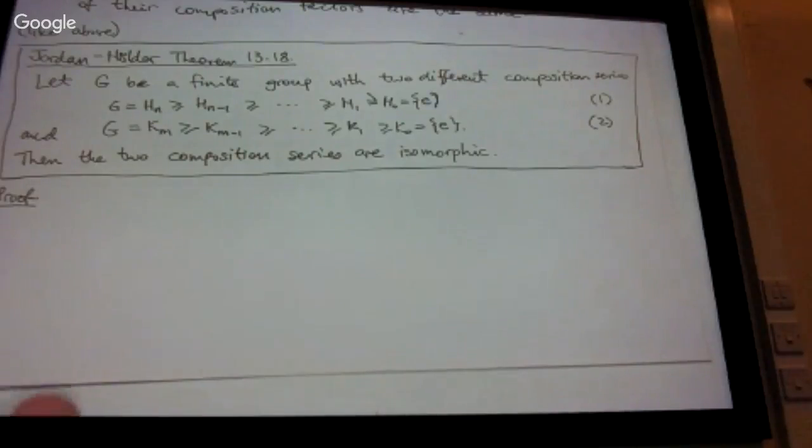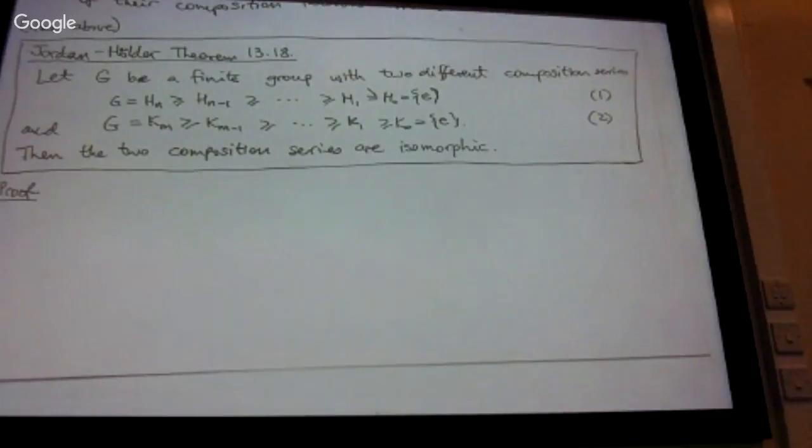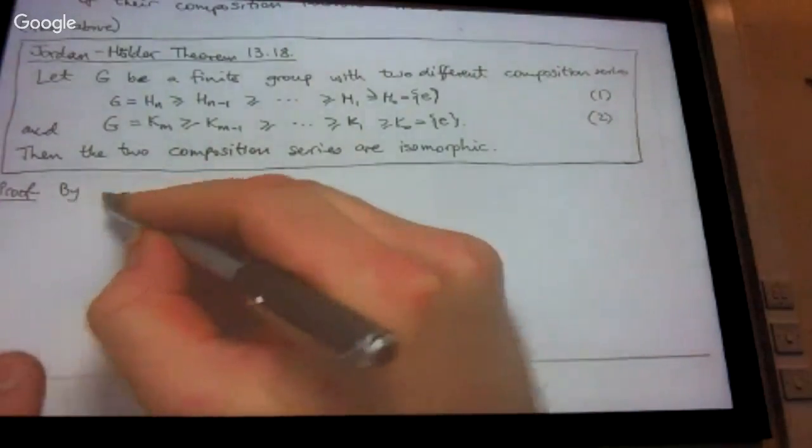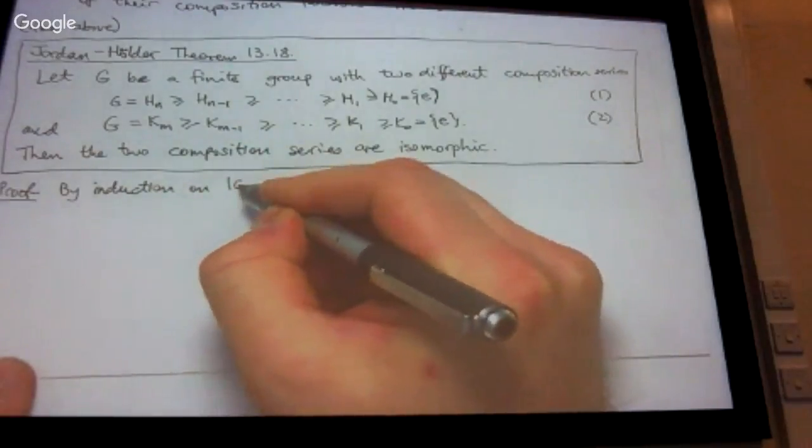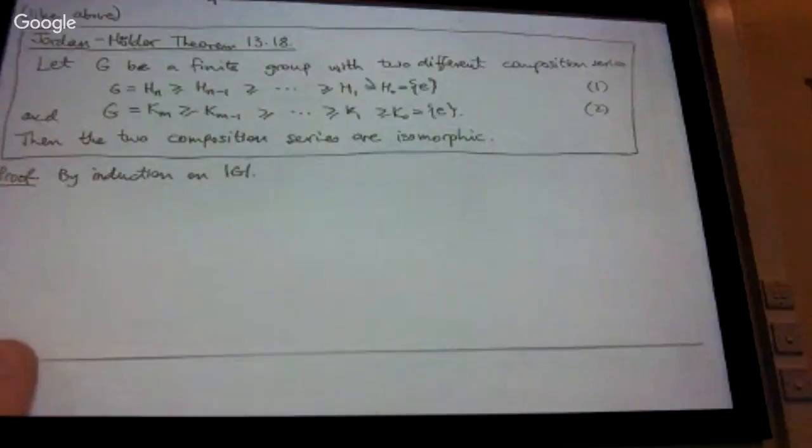Okay, the proof can be done in different ways, so I'll do it by induction on the order of the group. What's the smallest order possible?